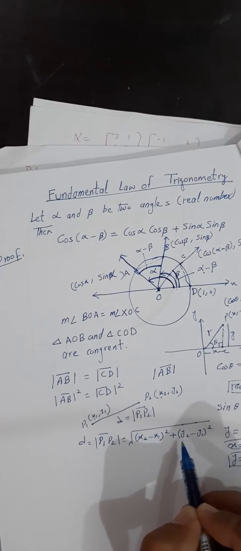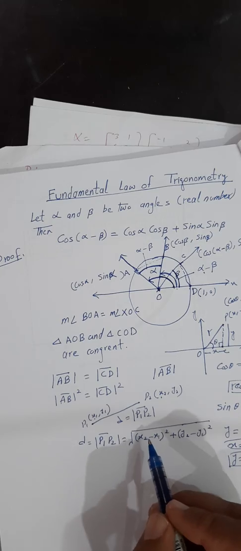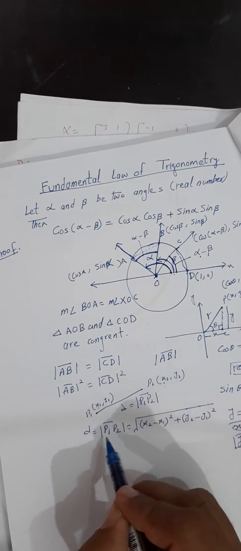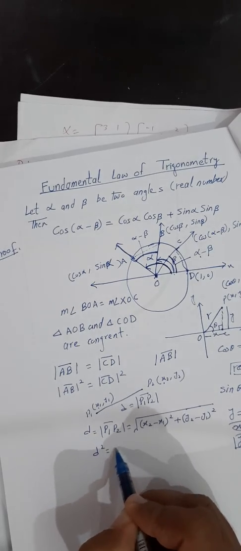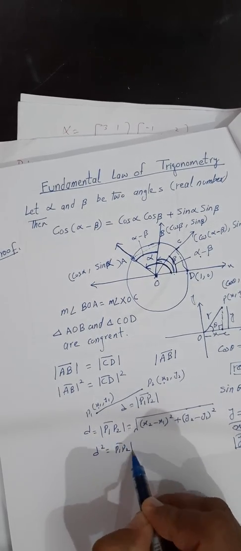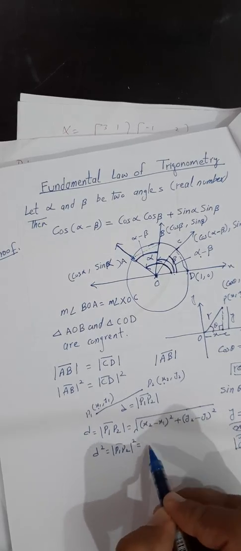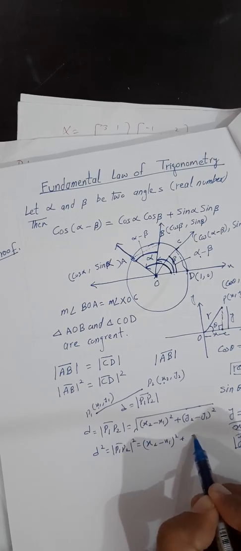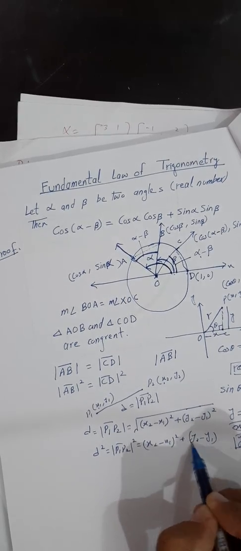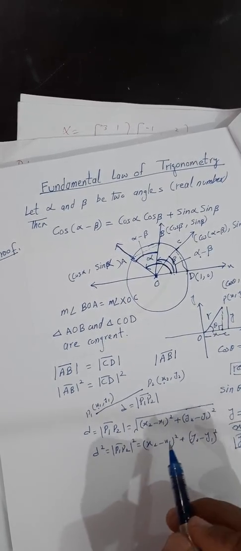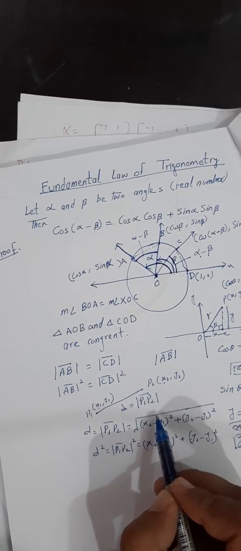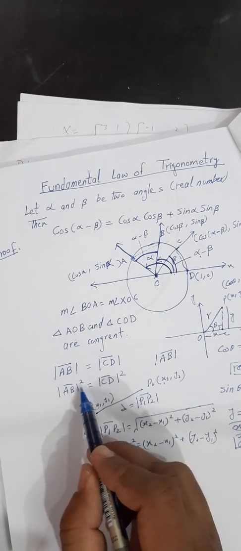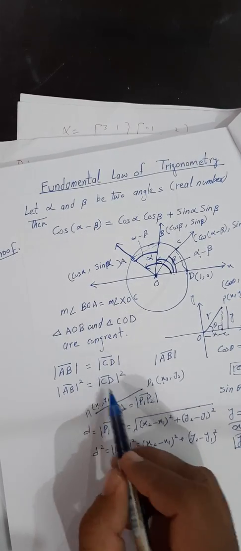This is the distance formula. Because of this square root, if we take square on both sides, we get d square is equal to P1P2 square is equal to x2 minus x1 square plus y2 minus y1 square. To remove this square root, we have to take square on both sides of this AB and CD.